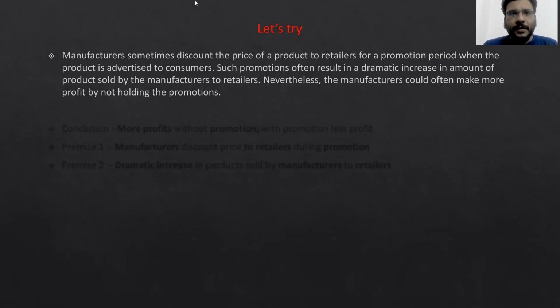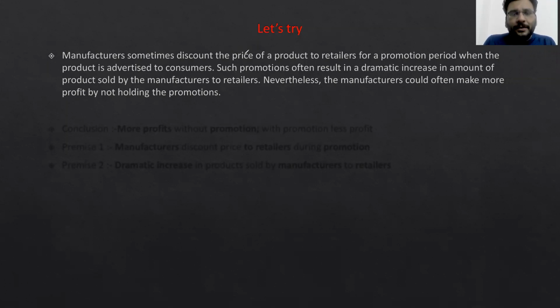Now, as you're already aware, when you're given an argument, the first and foremost thing is to identify the conclusion or the opinion of the author, and then identify the premise or the data that the author furnishes to support his conclusion.